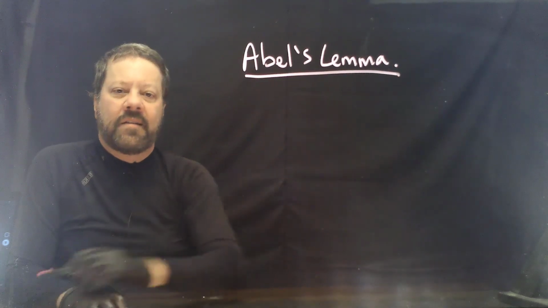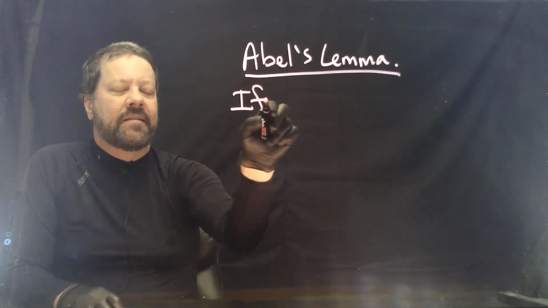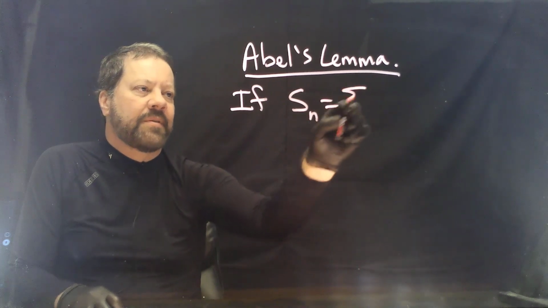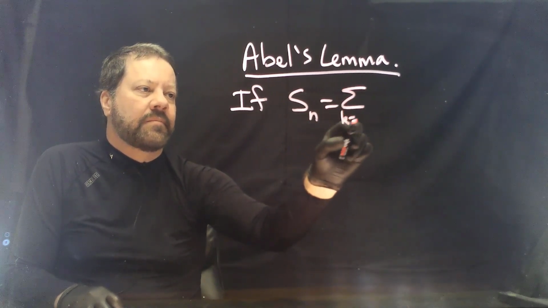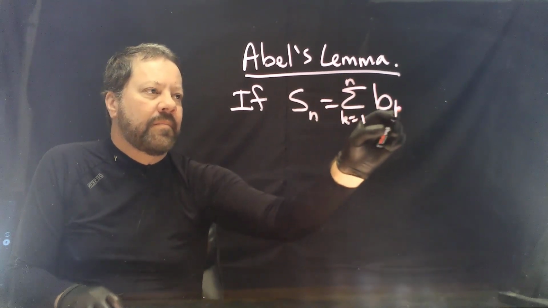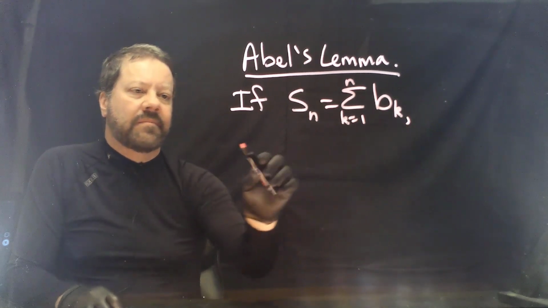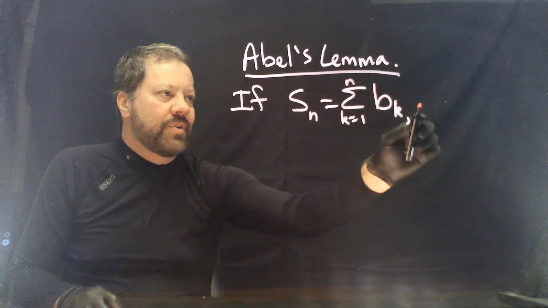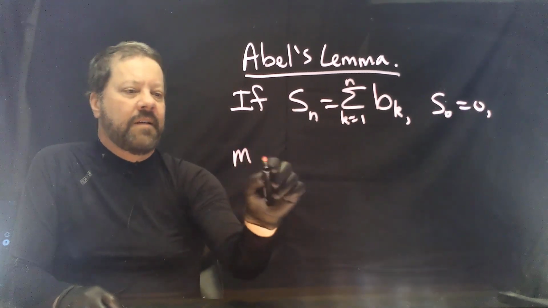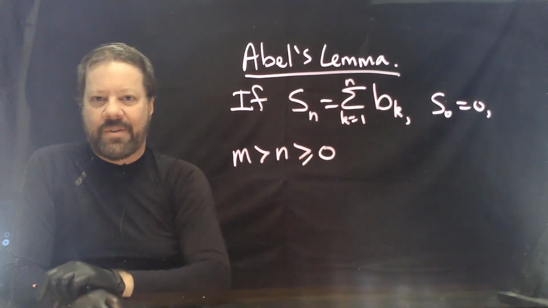We have one more lemma to prove before our main theorem. We'll call this Abel's lemma, and it goes like this. S_n is going to be a sequence of partial sums for some sequence b_k. We'll assume that the 0th partial sum is 0. m is greater than n is greater than or equal to 0.